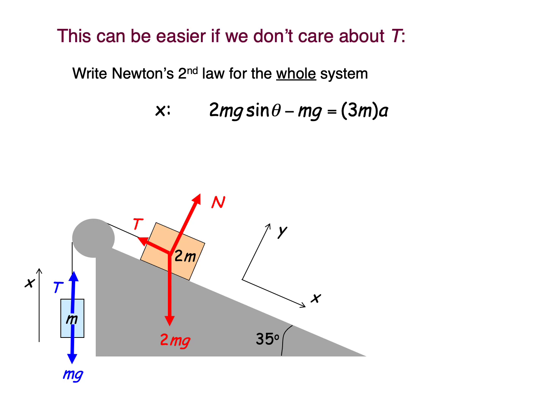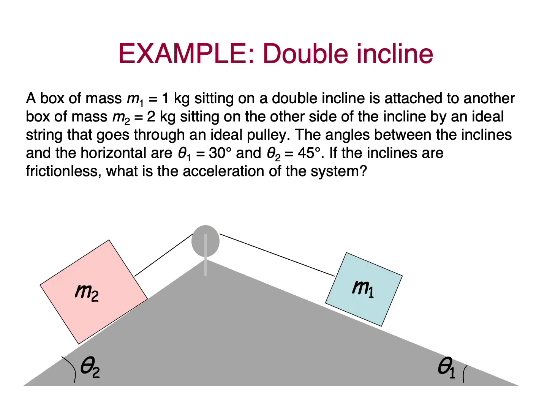Okay, so we have mg is pulling on the two block system this way, and 2mg sine theta is pulling on the system this way, and the mass of the total system is 3m. So we could plug the 3m there and then just write out the equation, and that would have given us the same solution.